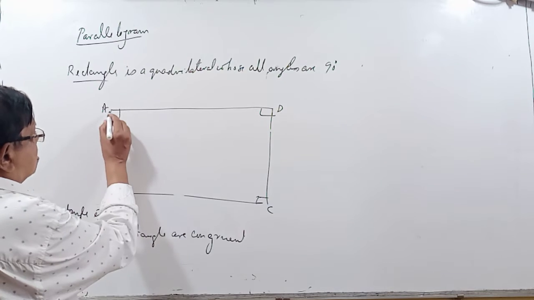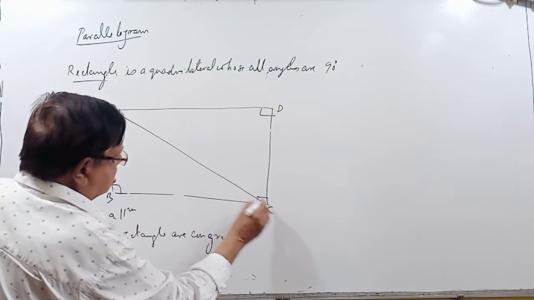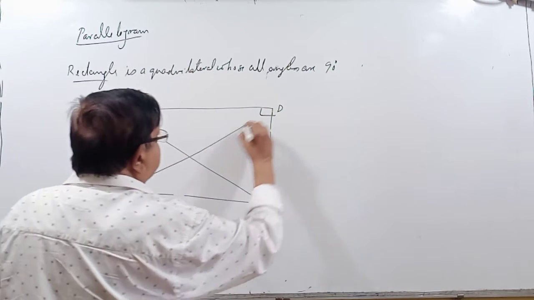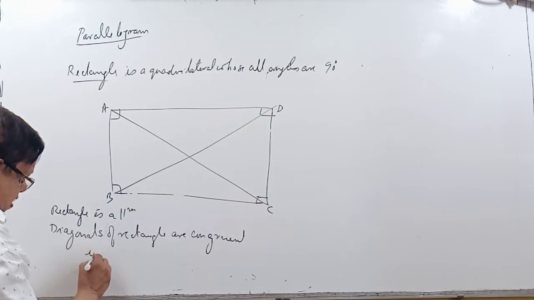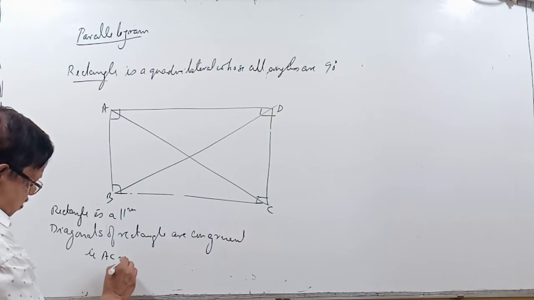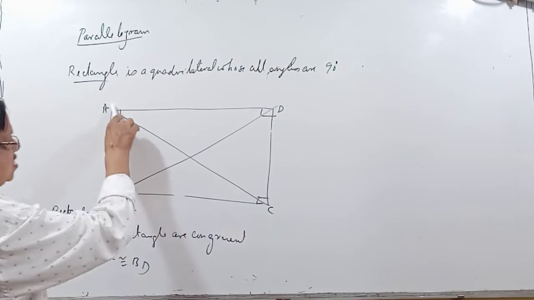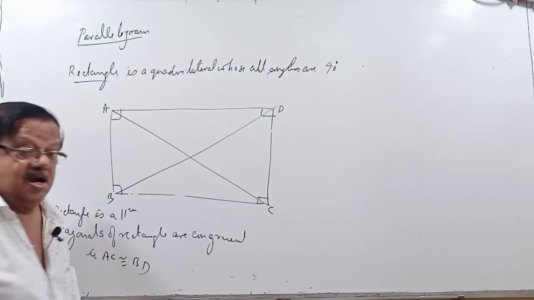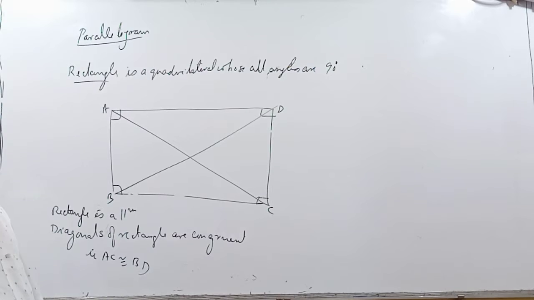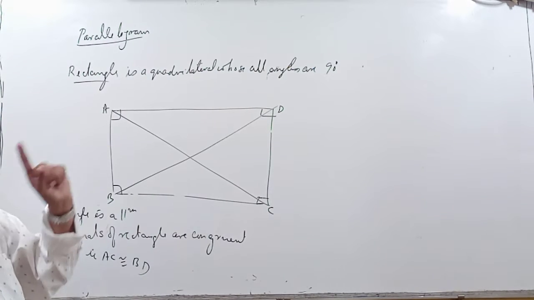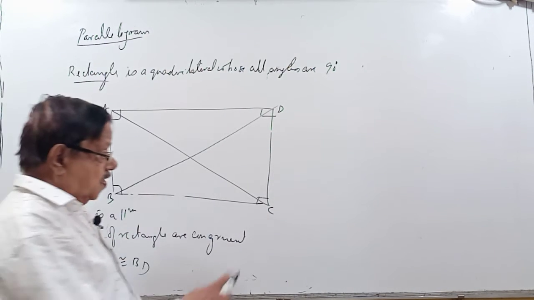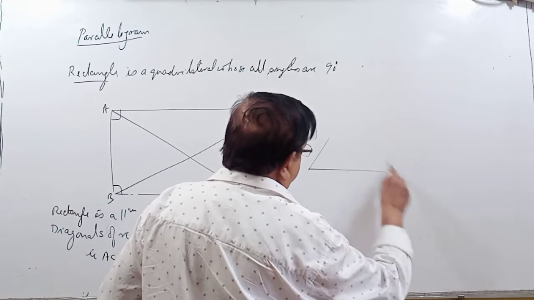That means AC congruent to BD. This diagonal is congruent to BD. It's a speciality of the rectangle and square. Diagonals are congruent. It is not true for normal parallelogram.